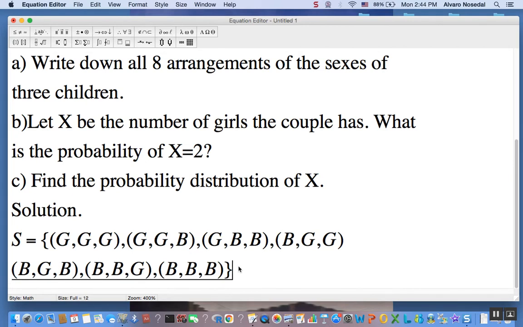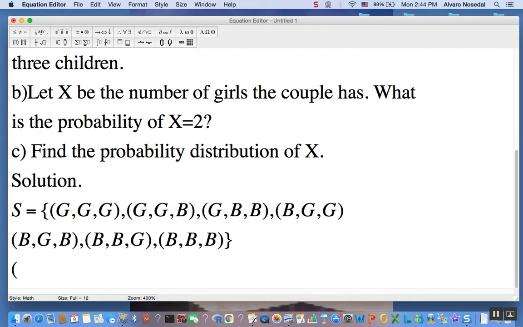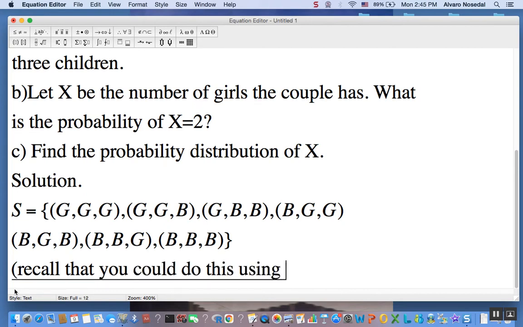Something else that you could do to come up with this sample space: recall that you could do this using a tree diagram.